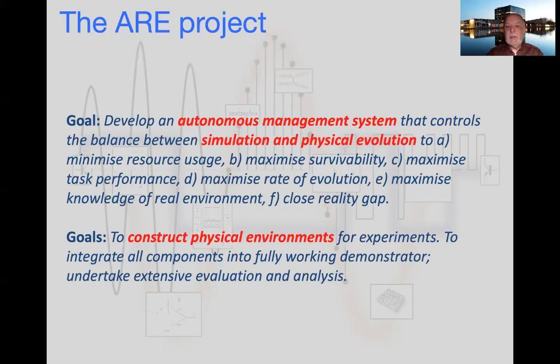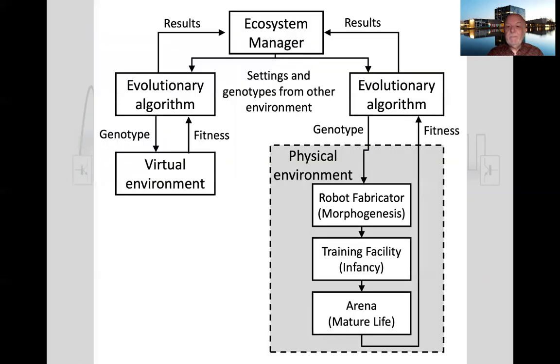All of those things are going to be done within this ecosystem manager, within this autonomous management system. And then, of course, we've got to build a physical environment for our experiments. So quite a lot to do. It's quite a big project.